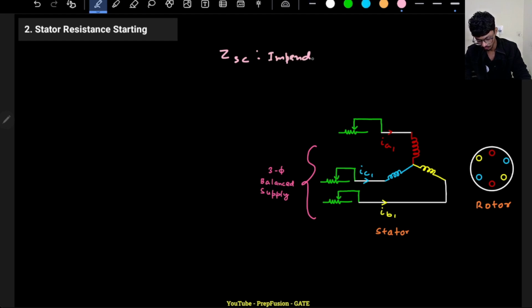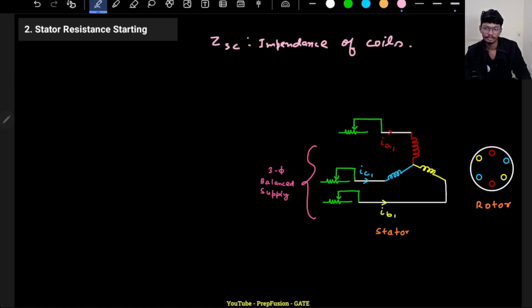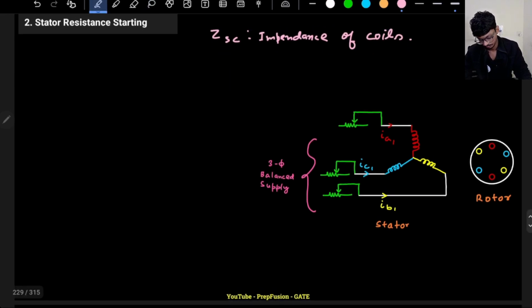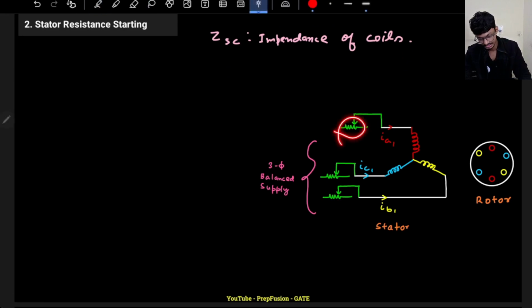These are all the impedance of the coils. Now, what if I am connecting a resistance? What will happen?